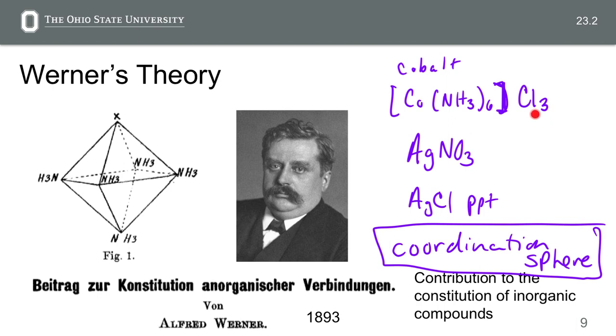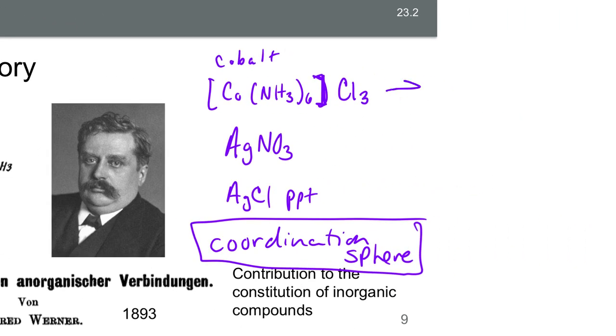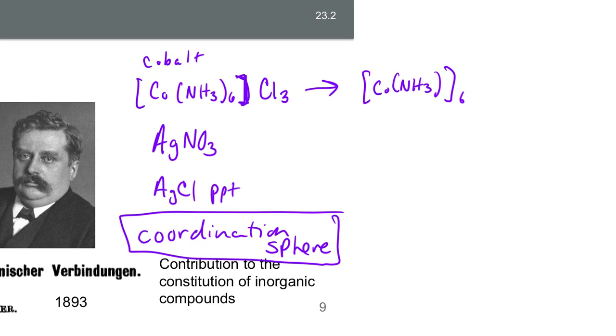Okay? And so when you dissolve them, what you end up with is Co(NH3)6 and 3 Cl minus. Okay? So the coordination sphere is the thing that stays together when you dissolve the molecule.